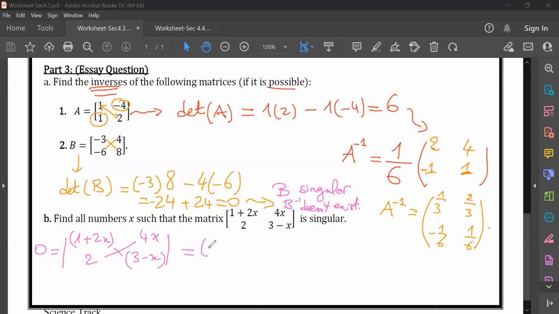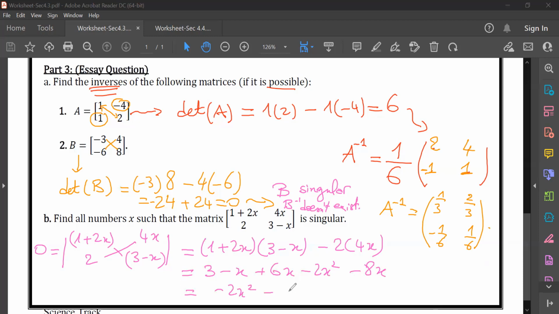It is 1 plus 2x times 3 minus x, minus 2 times 4x. Then 3 minus x plus 2x minus 2x squared minus 8x, which gives minus 2x squared minus 3x plus 3. So this equals 0.